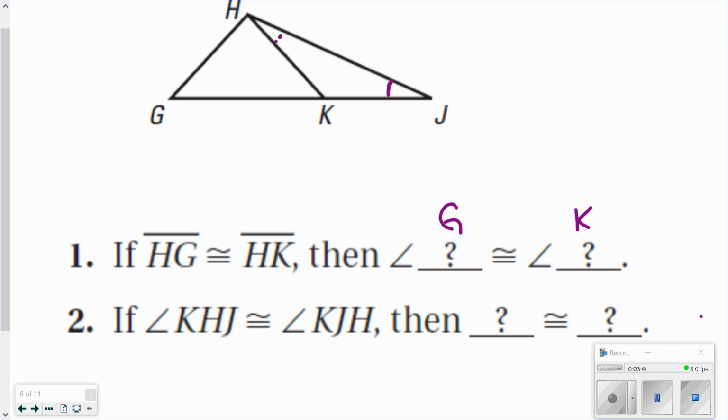This angle is KHJ, and this angle is KJH. If those two are congruent, which sides would have to be congruent? Well, those are the base angles, which means this is the base. So the other two sides would be the legs, which means they are congruent. So that would be side HK and segment KJ.